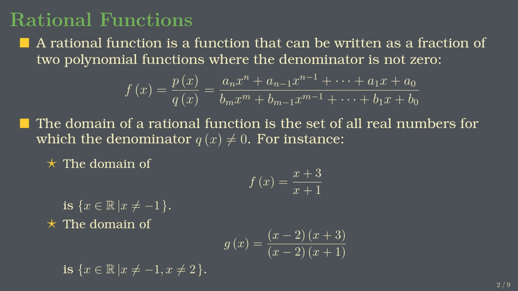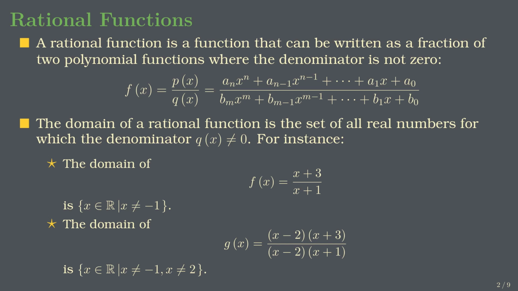In these examples, you might notice that g(x) looks a little bit like f(x), because the numerator and the denominator of g(x) both contain a factor of x - 2. But the point here is that when x is equal to 2, x - 2 becomes 0.